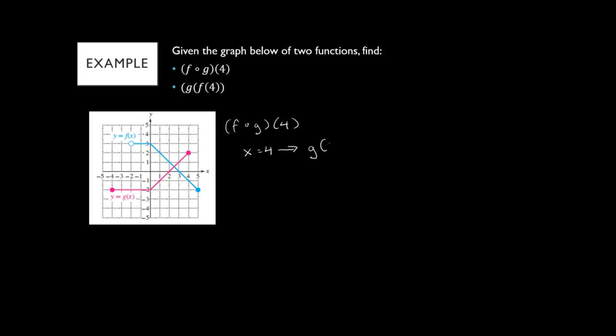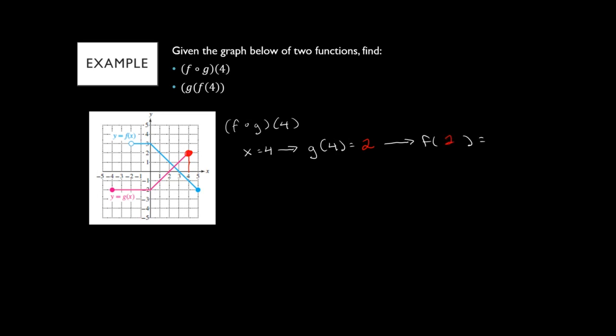That's getting put into g, so then we're finding g of 4. And then we find what f is for that value. So at x equals 4, g is the pink. So that's this point right here. So the y value is 2. So g of 4 is equal to 2, because that's the y value we're looking at.